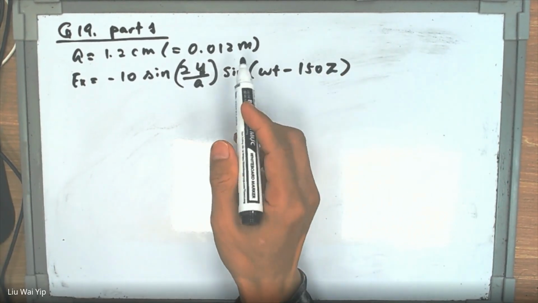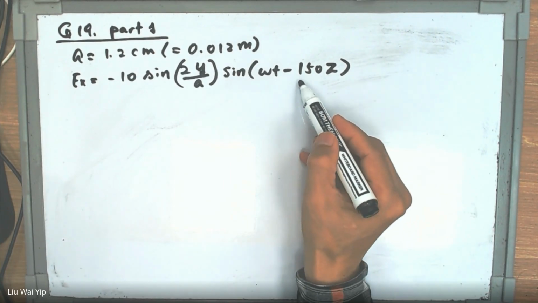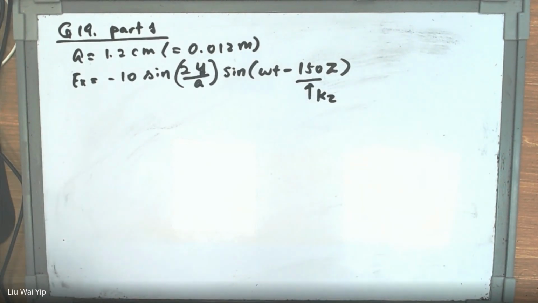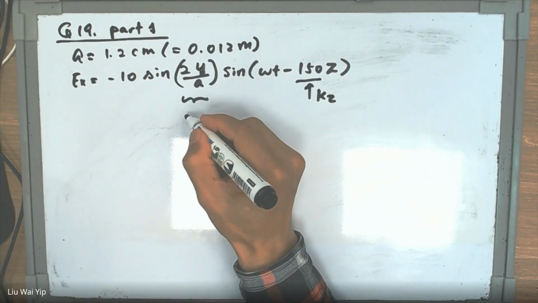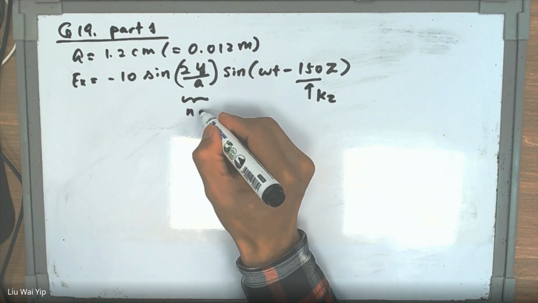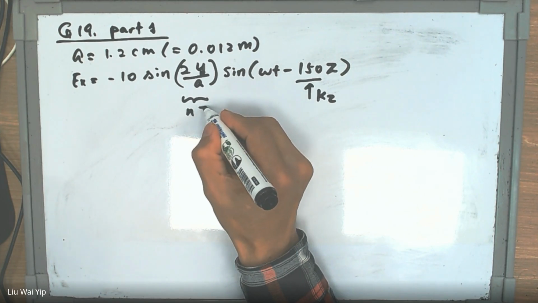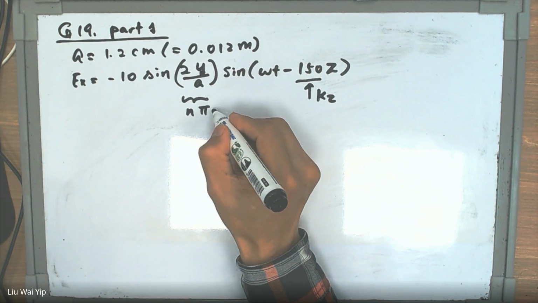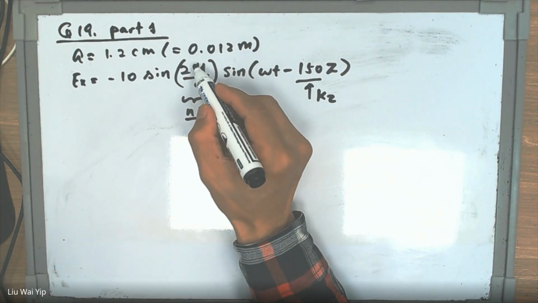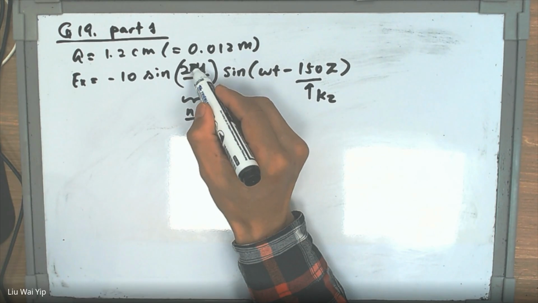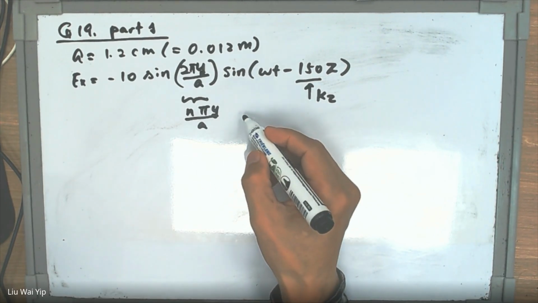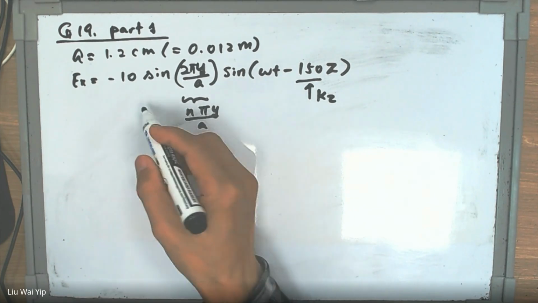So there are two pieces of information you can get from here. First, this one is always kz, and this one should be equal to n pi over a. Yeah, I think there's something wrong here. There should be a pi here instead of omega. So in this case, how about m?